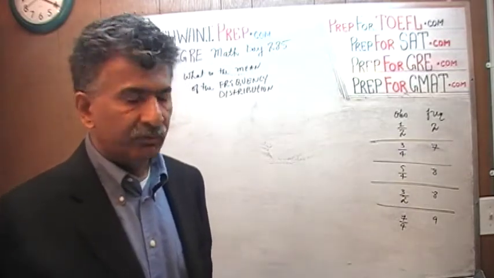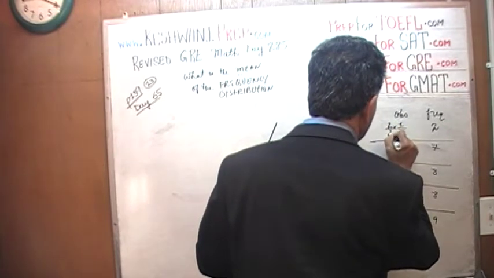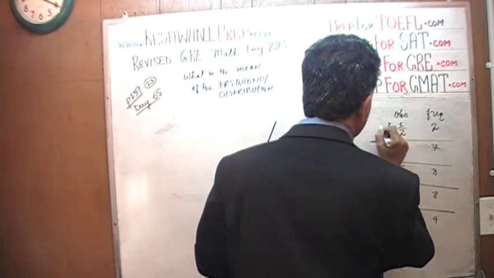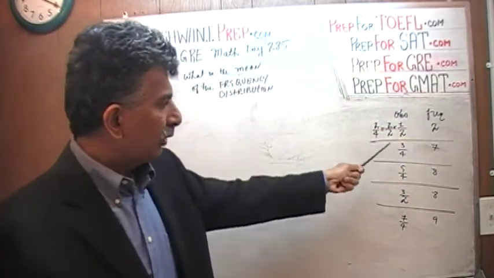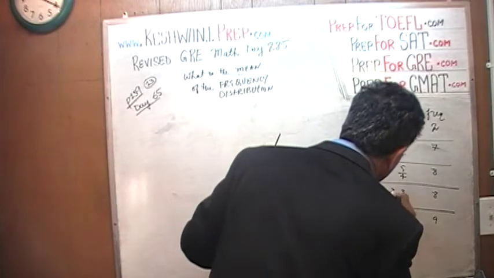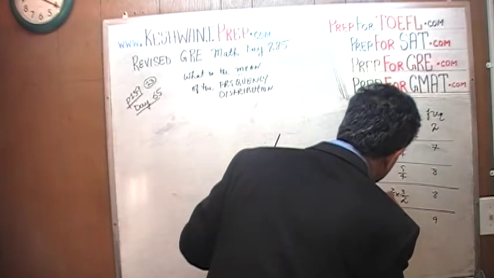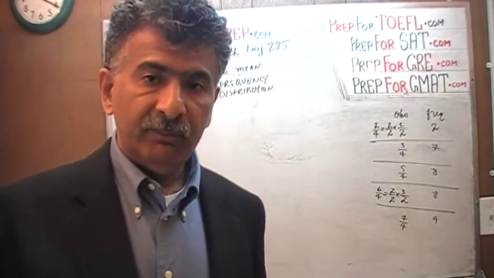Let's convert those halves into quarters. Half can be written as, if you multiply top and bottom by 2, 2/4. So we have 2/4, 3/4, 5/4, and this would be 6/4.